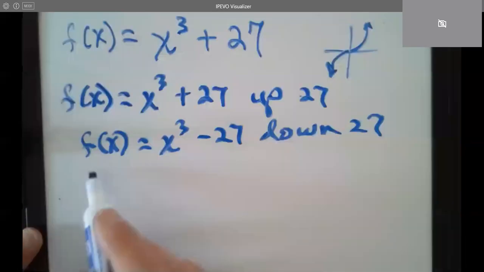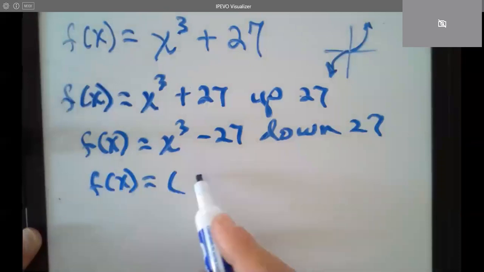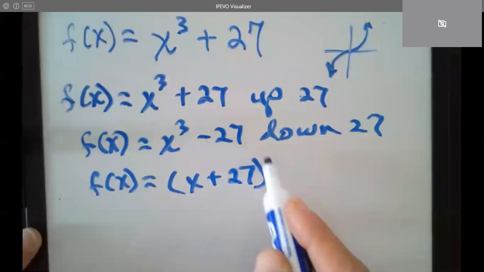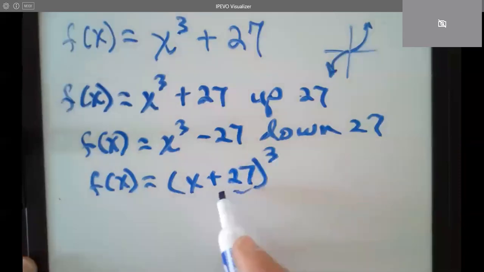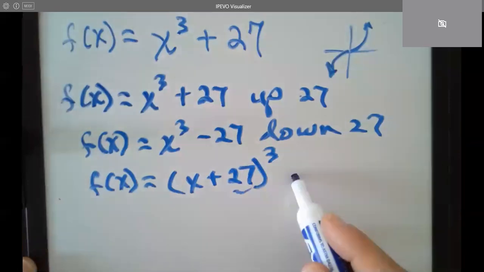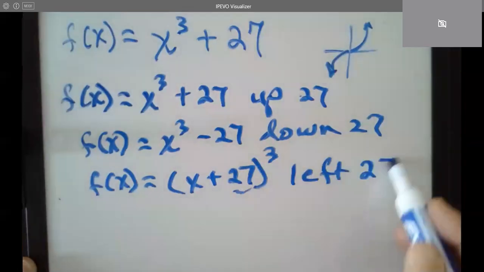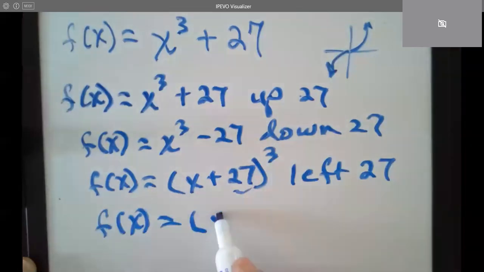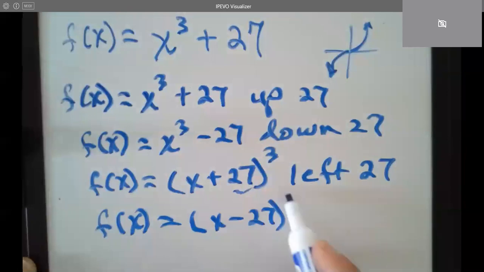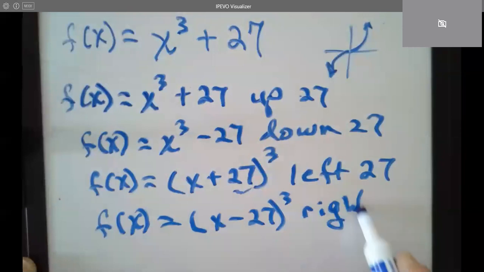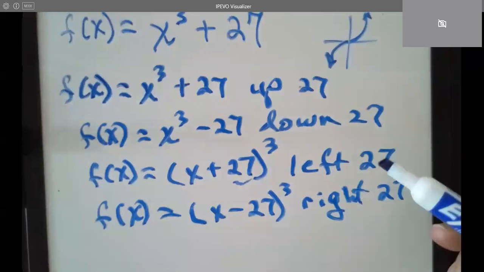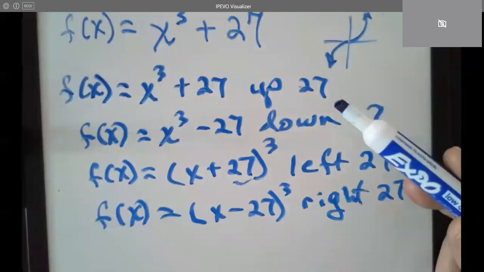If it's f of x equal to parentheses x plus 27 cubed, in parentheses, now it's going to shift left 27. And if it's f of x equal to parentheses x minus 27 cubed, then it shifts right 27. Okay? So we determined that this is going to shift up 27.